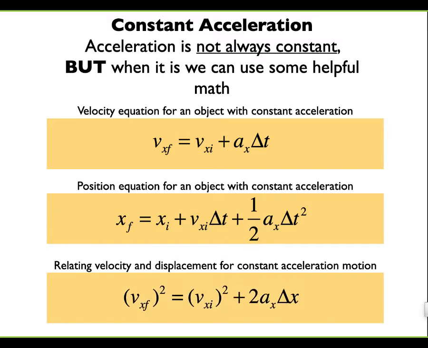So if you know something about the speed and the position and the time, you can figure out other variables, okay? So this is where you end up doing a lot of algebra in this class, because we generally know something like this and we want to find this. And sometimes we have to use more than one equation. We'll get into the details of how we use these equations, but we're going to use them a lot.